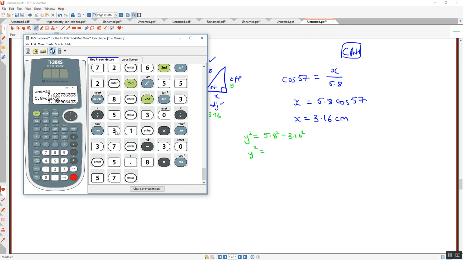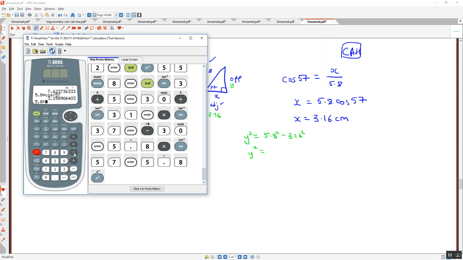Okay, so going to our calculator, 5.8 squared minus our previous answer squared, and that gives 23.66.